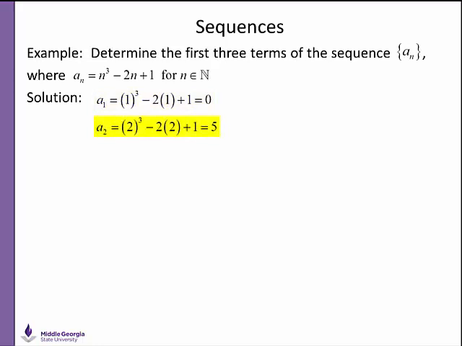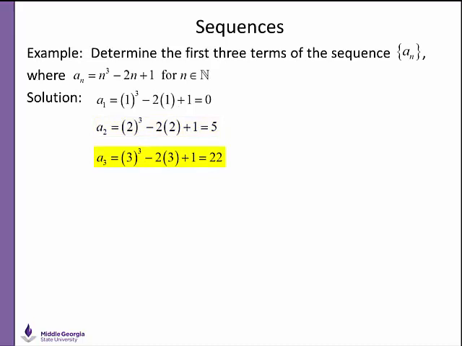A sub 2, we are replacing n everywhere we see it in the definition by 2, so a sub 2 equals 2 cubed minus 2 times 2 plus 1. 2 cubed is 8, minus 2 times 2 is 4, 8 minus 4 is 4 plus 1 equals 5. A sub 2 is 5.